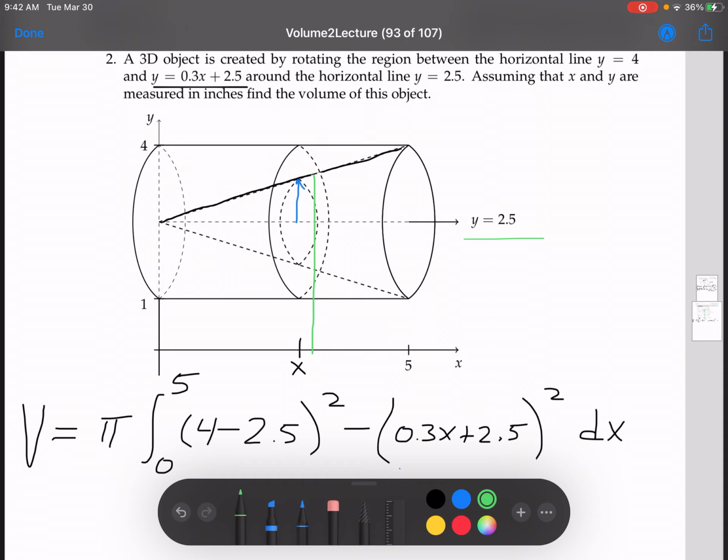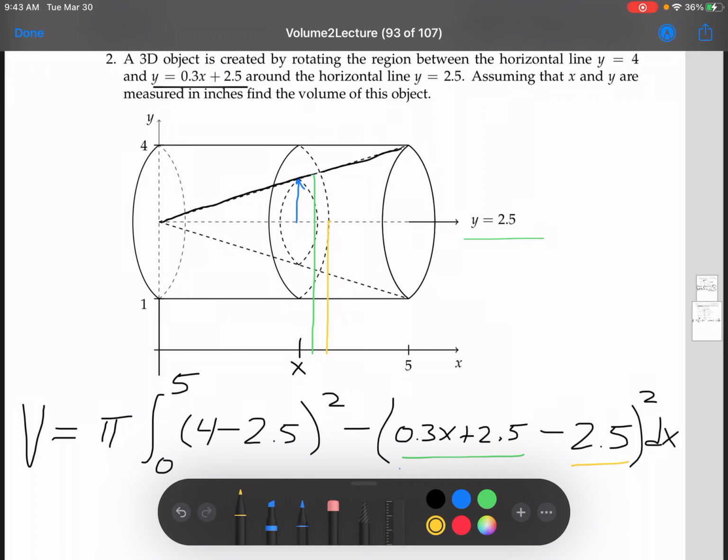But again, blue is equal to green minus the yellow. The yellow is 2.5. So to recap, we want that blue distance, but that's the green, which is 0.3x plus 2.5 minus the yellow, right there.